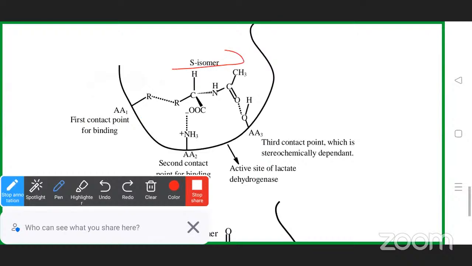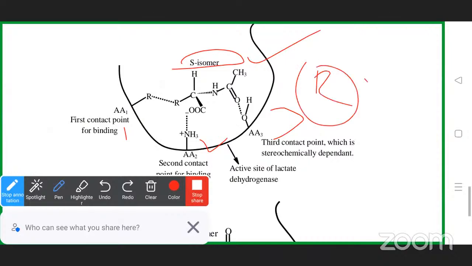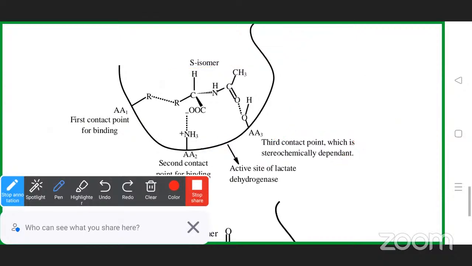These three interactions are possible only for the S isomer, and not possible for the R isomer, which does not form this kind of interactions. So you can discriminate and differentiate both isomers with the enzyme active site.